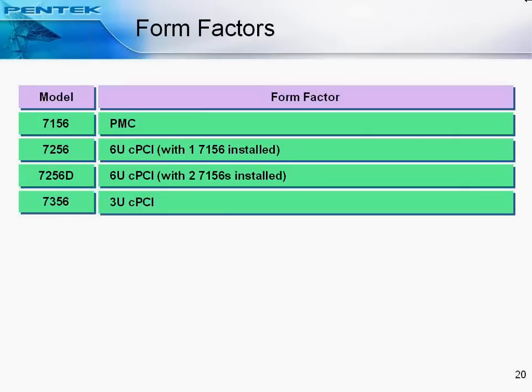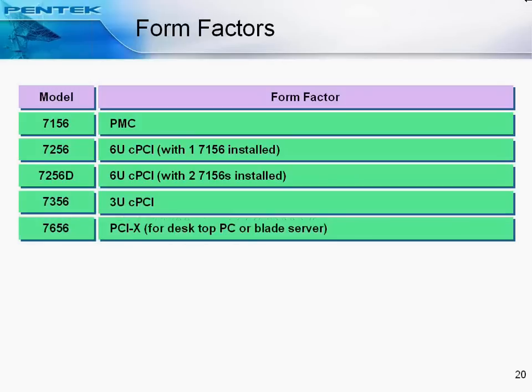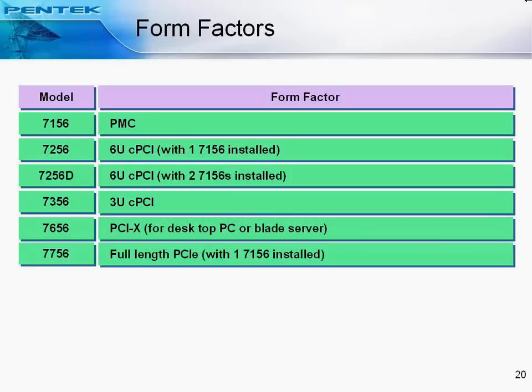There's a 7356, which is a 3U CompactPCI, 7656, which is a PCIX board, which is useful in things like desktop PCs and blade servers. There's also a 7756, which is a full-length PCI Express form factor.